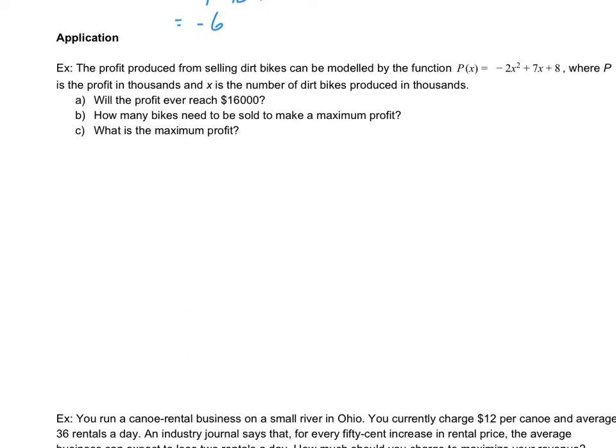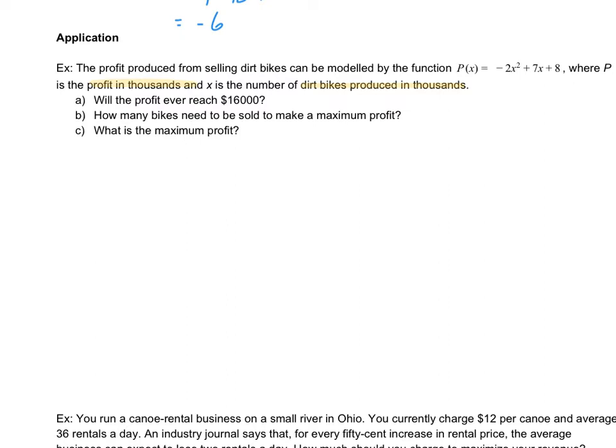The profit produced from selling dirt bikes can be modeled by the function p of x, where p is the profit in thousands and x is the number of dirt bikes produced in thousands. I am going to highlight this profit in thousands and bikes produced in thousands because that will be very important in terms of what you plug into your equation or the numbers coming out of it.